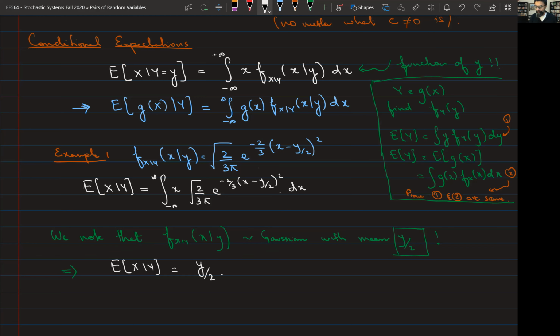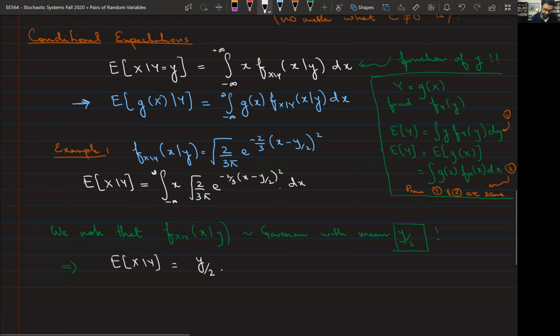Okay. Now, given this simple exercise, let's try to build on this a little bit more. Screen freeze again.